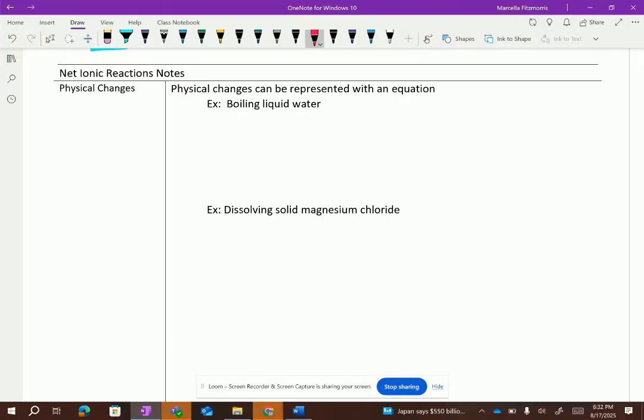So, a reaction for a physical change doesn't have rearrangements of atoms, but it can show something else. For example, the physical change of boiling liquid water. I can start with H2O that's in its liquid form represented by the L, and it's going to be changing into H2O in its gas form represented by the G. So a physical change has occurred, but H2O is still H2O.